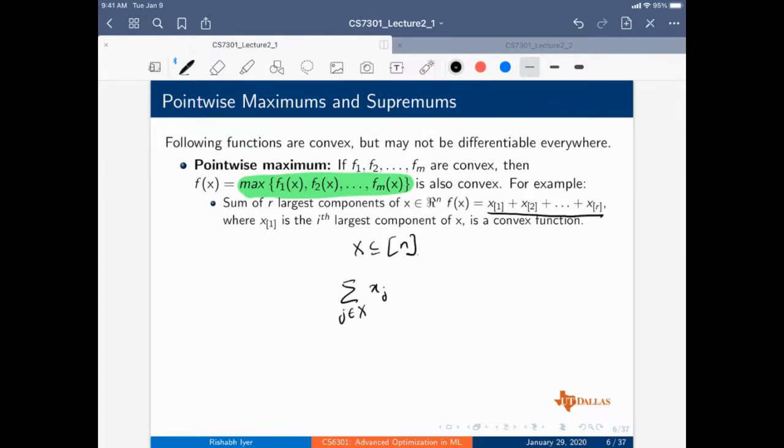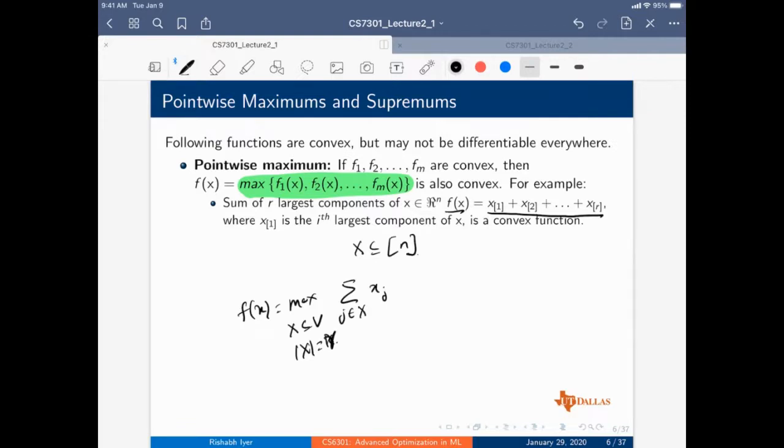So now you can think of this function f(x) as nothing but taking a max over all possible subsets X such that the size of X is equal to r. Essentially I take all possible subset sums of r quantities, and I take the max amongst them. This is a simple linear maximization. This maximization will be nothing but the sum of the r largest components of x.